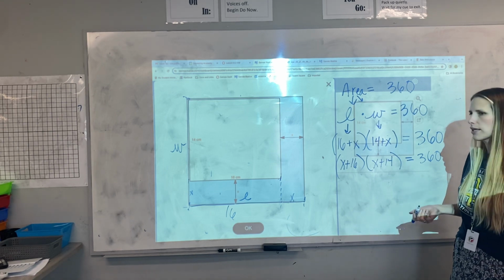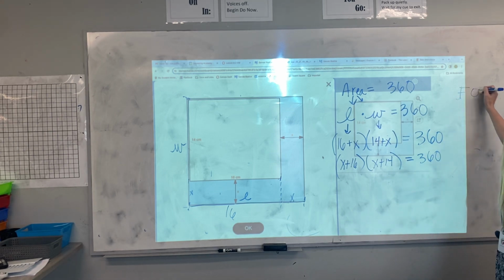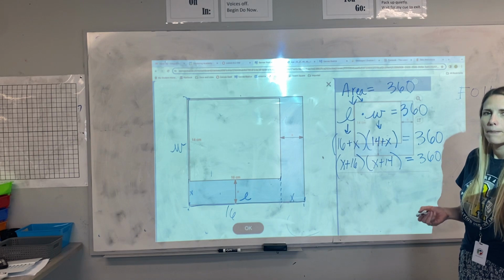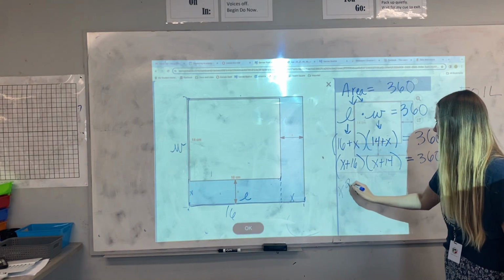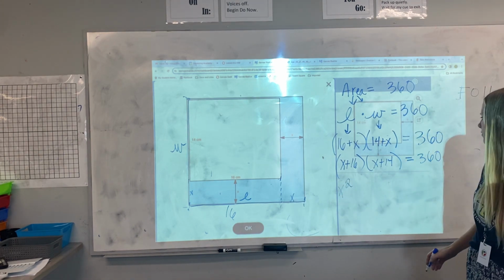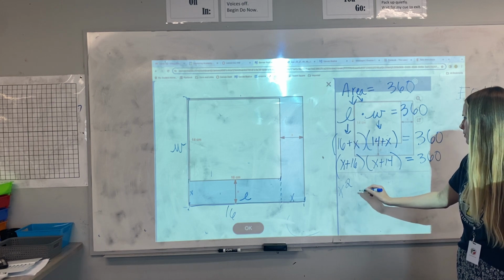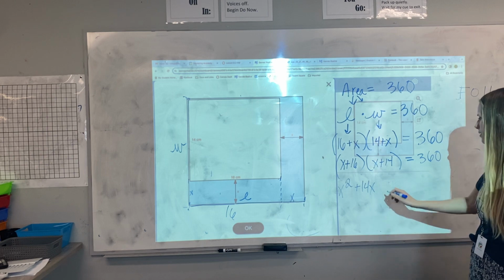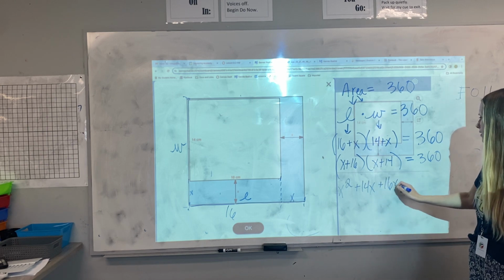So let's FOIL it. First, outer, inner, last. What are my first terms? We're going to have to speed along here. x squared. Okay, outer, 14x. Inner, 16x.